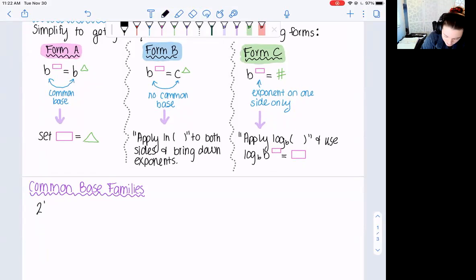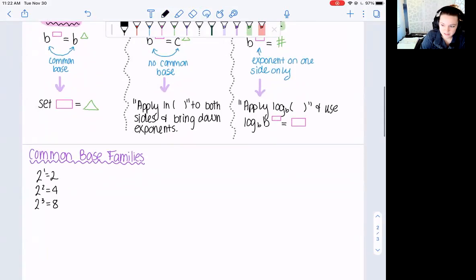So with 2, we have 2 to the 1 is 2, 2 squared is 4, 2 cubed is 8. I'm just going to write down up to the most common ones that you see. 2 to the 4th is 16, and 2 to the 5th is 32.